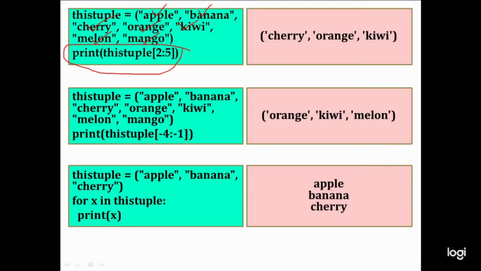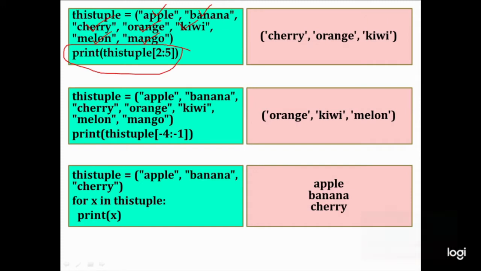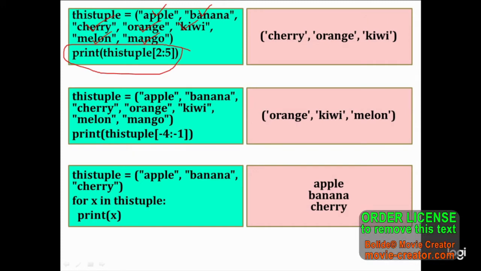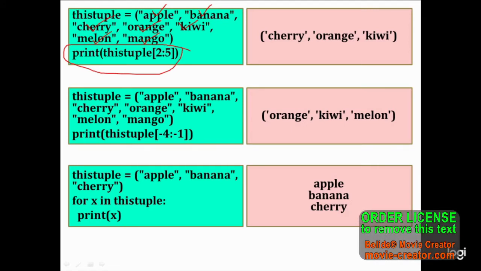As per the rule, you have to exclude the last number of the range. Then before 5 is 4. Then items will be cherry, orange and kiwi. And the last item will be excluded as per the rules.